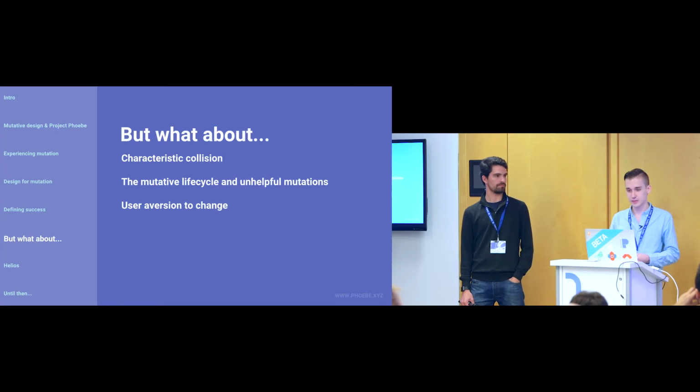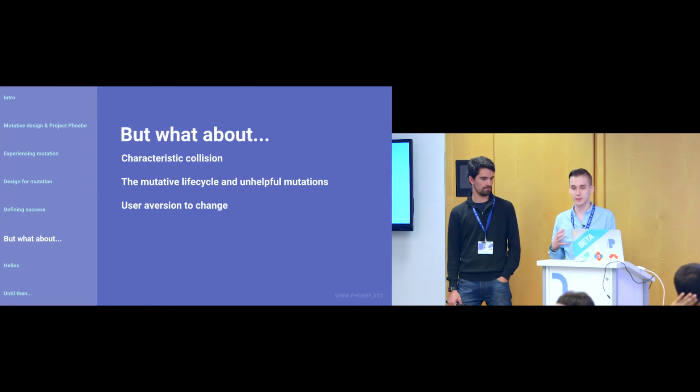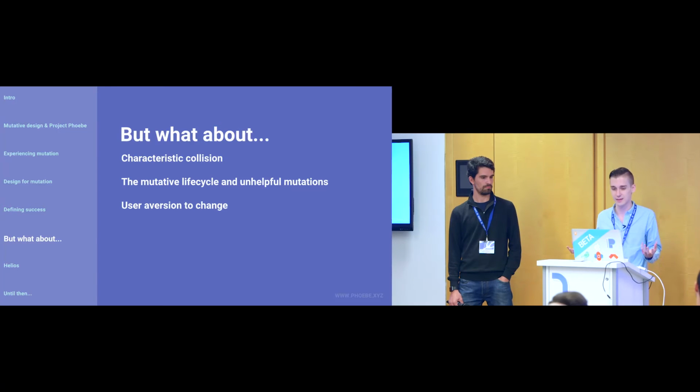So my answer to that is really just that to map current expectations to future possibilities is to look at this from the wrong angle. The way that UI and UX patterns evolve is not that they happen at once, and there's a long road ahead of both Project Phoebe and mutative design as a concept.